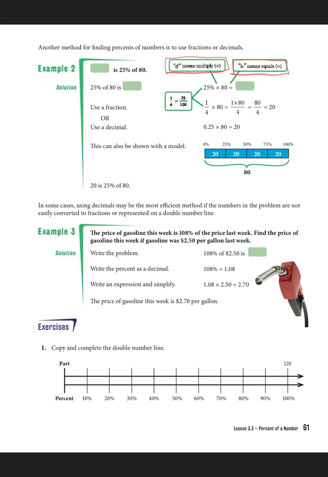So if the price of a gallon of gas was $2.50 last week, and then this week it's 108%, using common sense, the highest you can get on anything without extra credit is 100%, right? So if the price of the gas increased to 108%, is it going to be more or less than whatever the price was last week, in this case $2.50? So use some common sense, right?